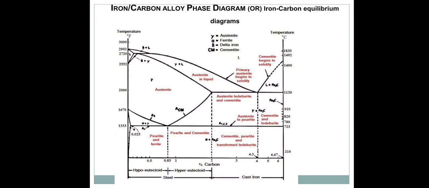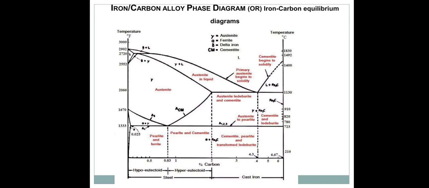Pearlite. Pearlite is the eutectoid mixture of ferrite 87.5% and cementite 12.5%. It is formed when austenite decomposes during cooling. It contains 0.8% of carbon. It consists of alternate thin layers or lamellae of ferrite and cementite.